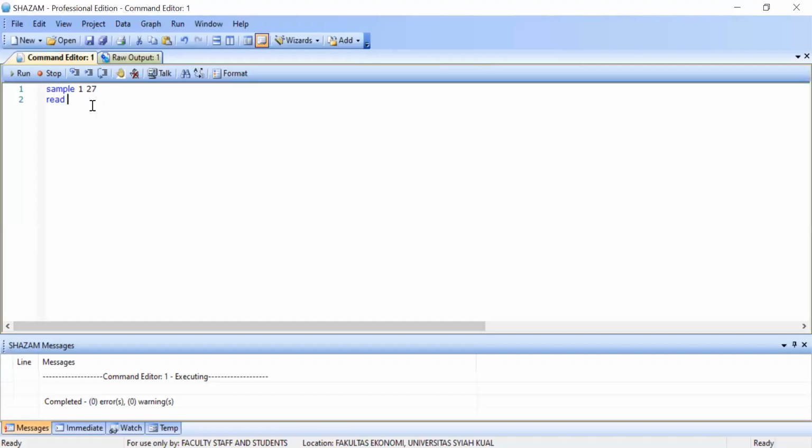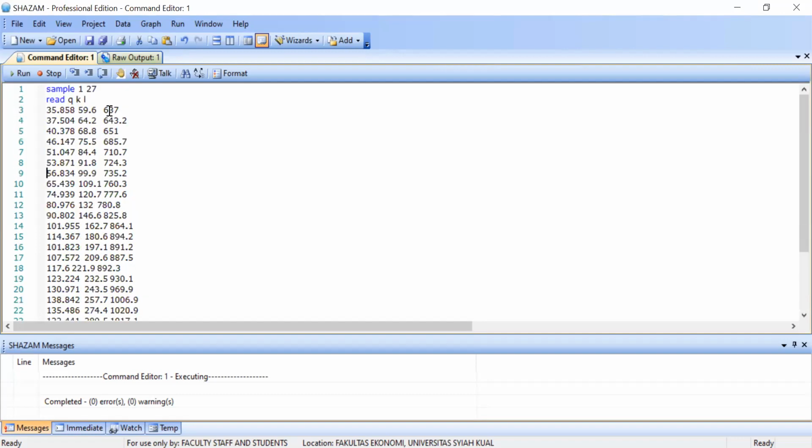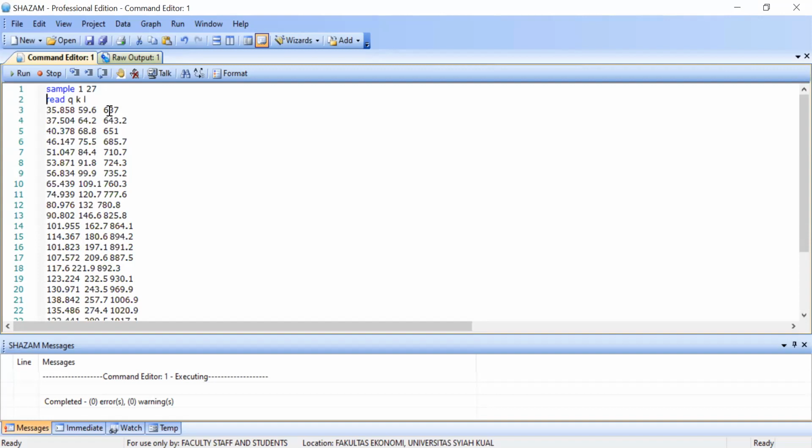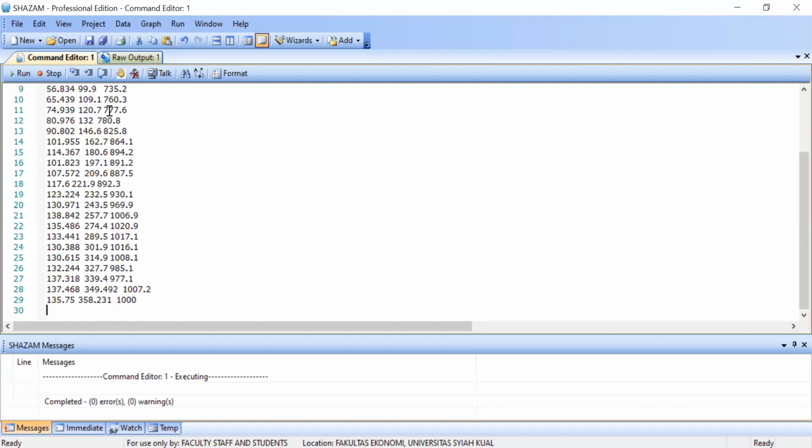Read output Q, and the Q is capital and labor. Okay, this is the data. We calculate this.